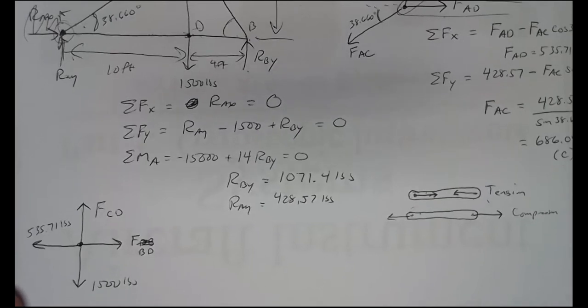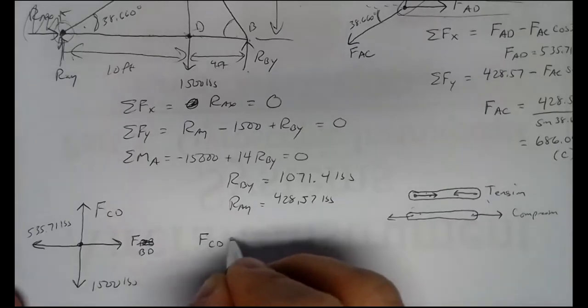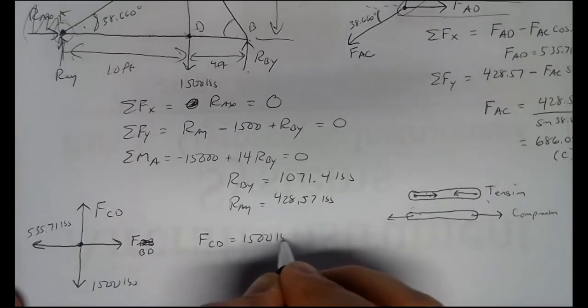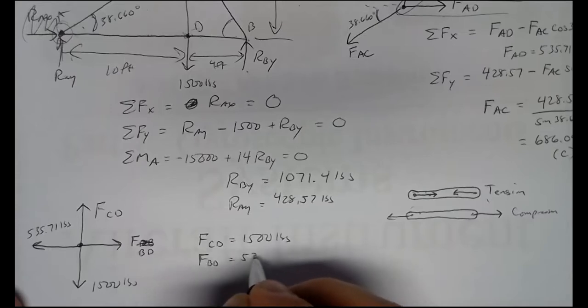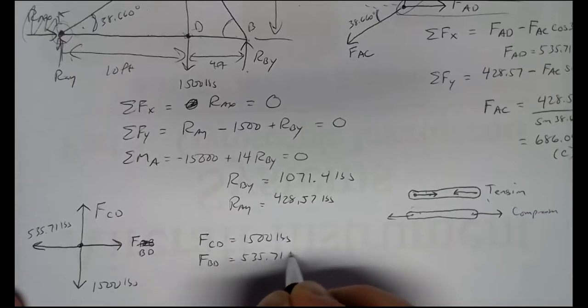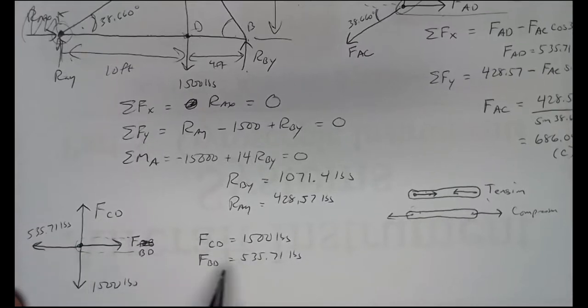Well, now everything's at 90-degree angles here, so it's pretty easy to figure out the answers. FCD is 1,500 pounds, and FBD is 535.71 pounds. Member BD is over here, so member BD came out positive, so our direction's right.